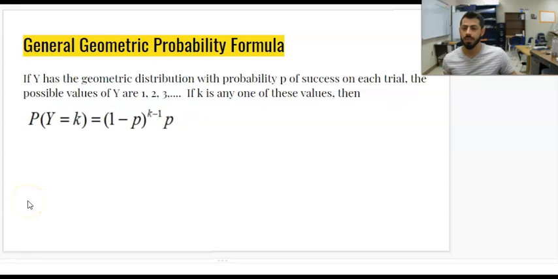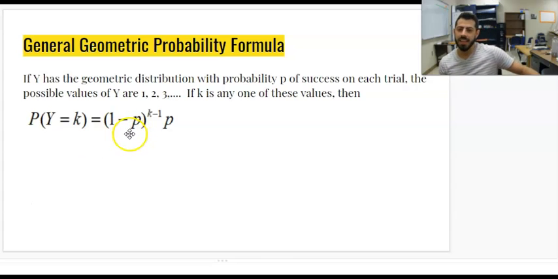The formula is very similar to what it looks like for a binomial with some slight changes. So if Y is a geometric distribution, the probability that Y equals any given K is 1 minus P to the power of K minus 1 times P. So in the case of the type O blood example, the probability that the third child is the first one that has type O blood.